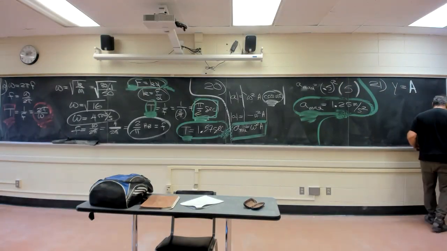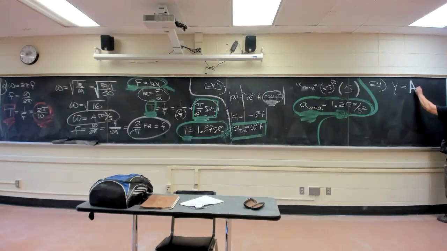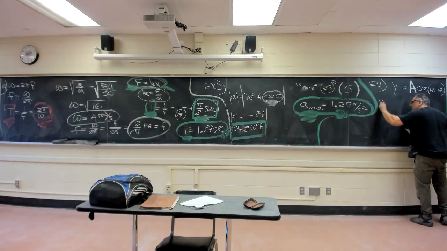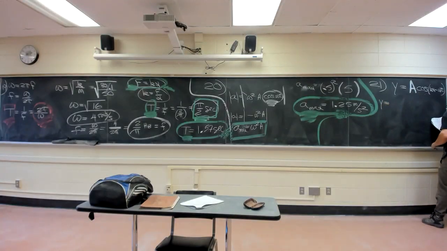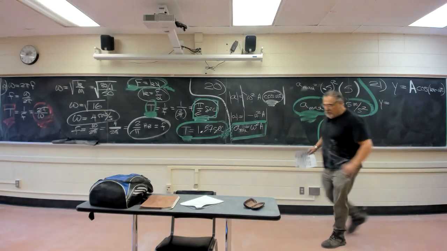They're going along in the direction of using cosine here. y equals A cosine kx minus omega t. Sounds good to me.